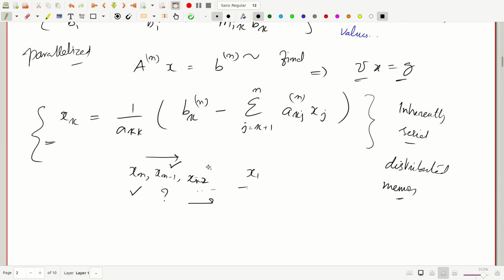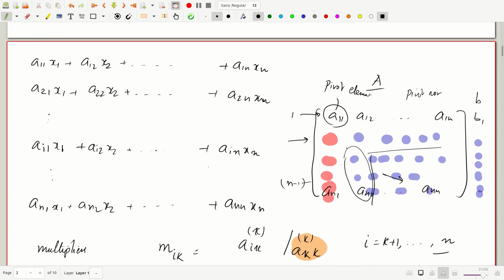We also see that once the pivot row is moved to the upper rows here, if you have k1, k2, and so on, then the elements in the previous rows are basically untouched.